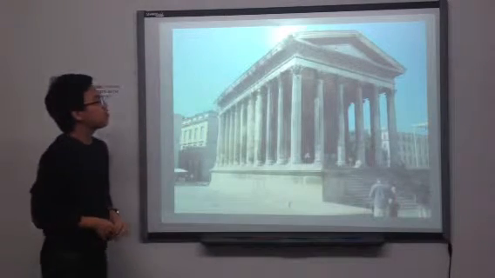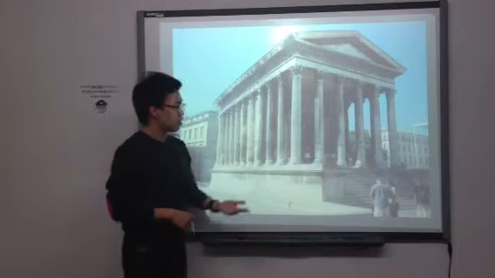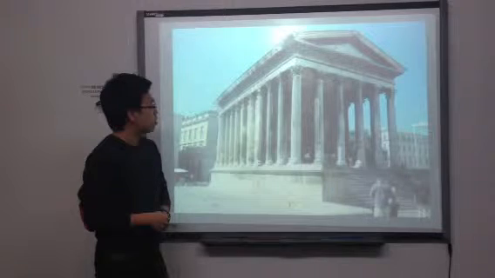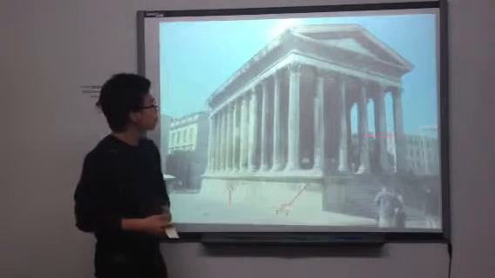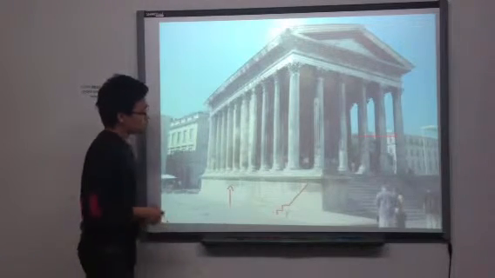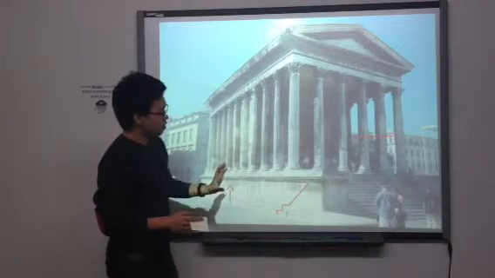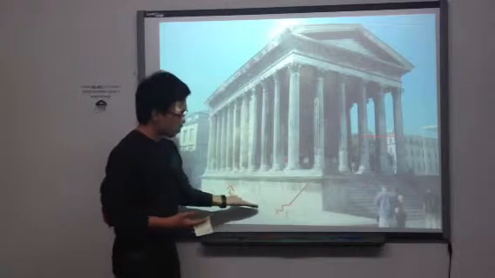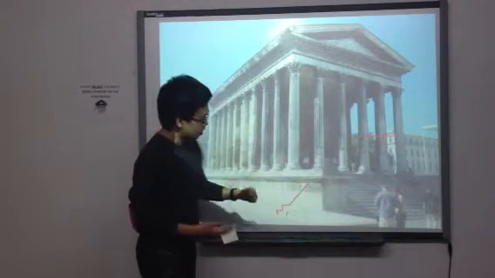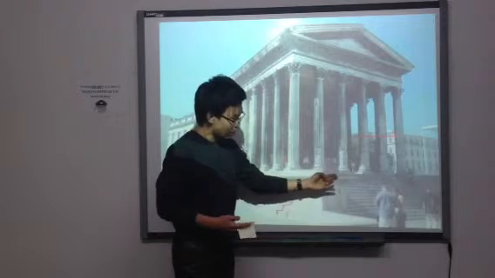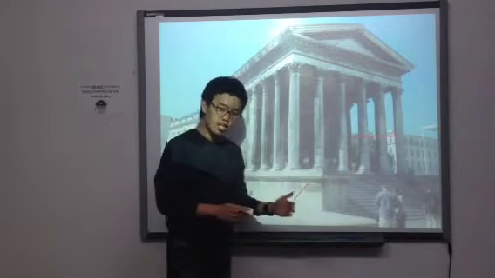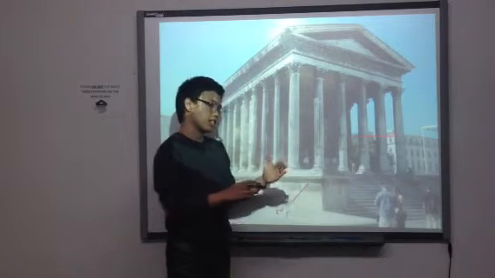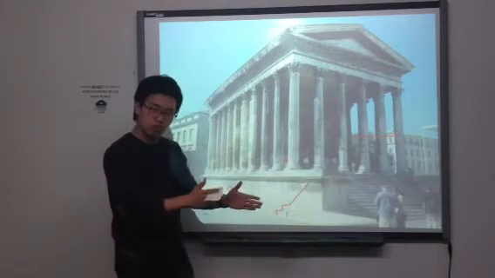And this is the Maison Carrée, which means again square house. Since it's a Roman style temple, the temple is raised from the ground, and the staircase is on the front, not surrounding it, which makes the temple much more directional.